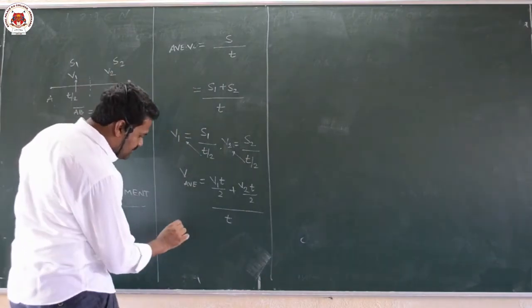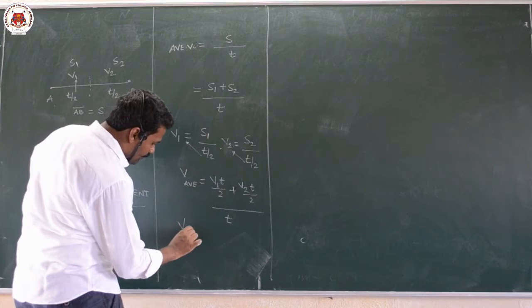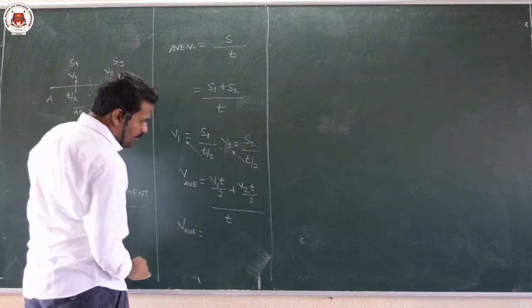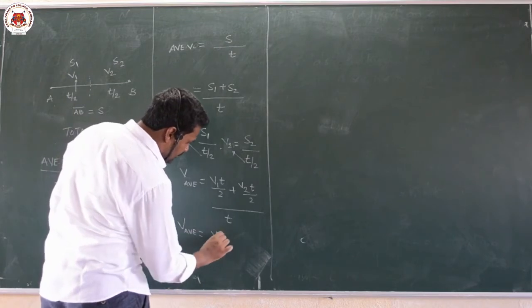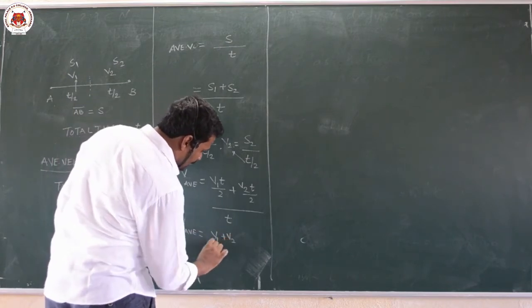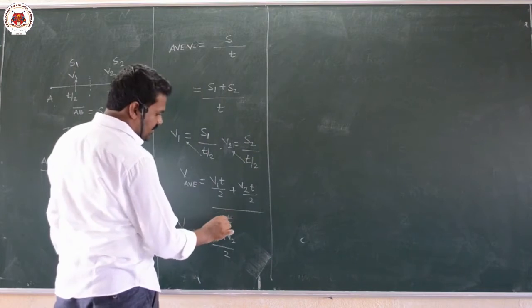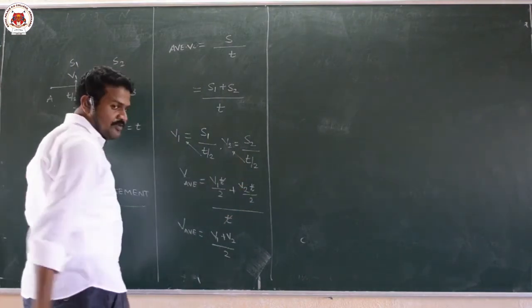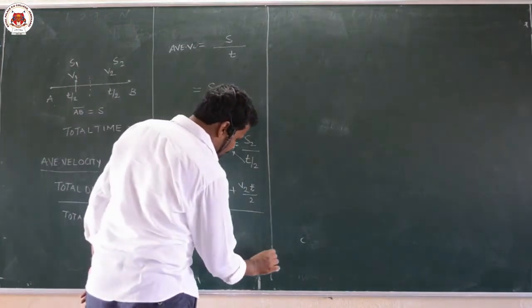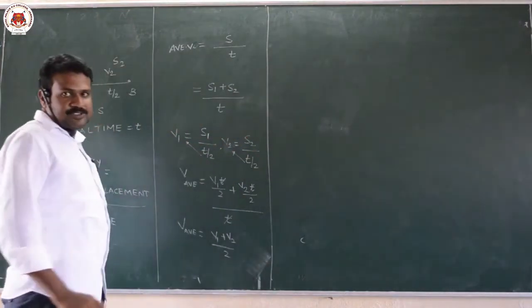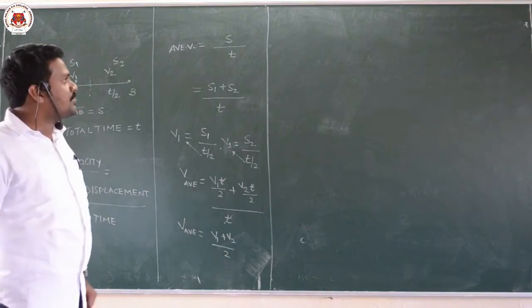Now v average is v1 plus v2 by 2, because you can take t by 2 common and the t will get cancelled. This is the answer. So this is the concept of average velocity.